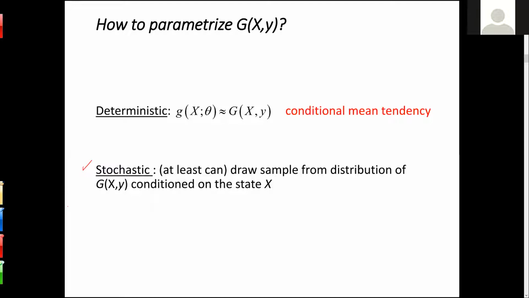So we can replace G. Ideally, we want the distribution of G. But stochastic parametrization only requires us to find a method with which we can draw samples from the distribution. That means we don't need to know exactly the form or even some properties of the distribution. As long as we can draw samples from it, then we're good.